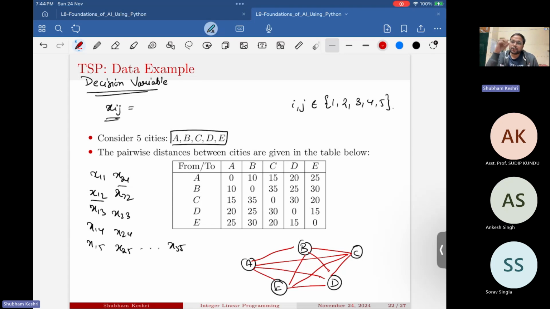Now, a tour can be thought of as whether to keep an edge active or not. When I say A to B is active, then we are traveling that edge. When I say A to D is active, B to D is active, then we are traveling those edges. When I say D to E is active, we are traveling this edge.